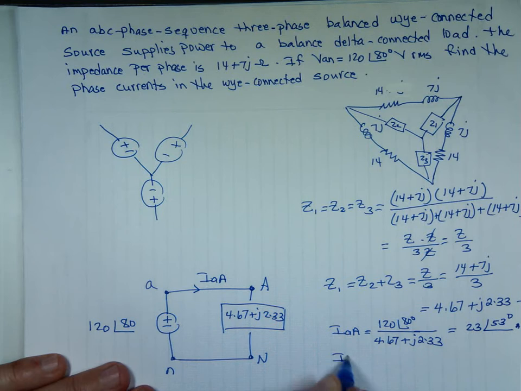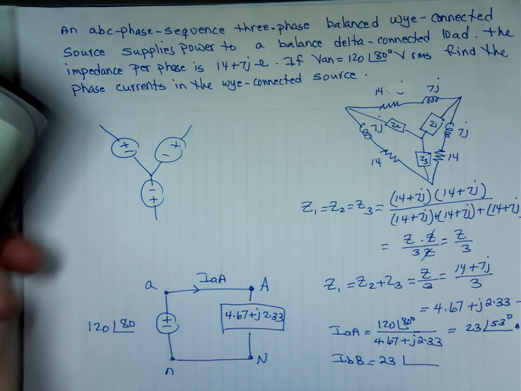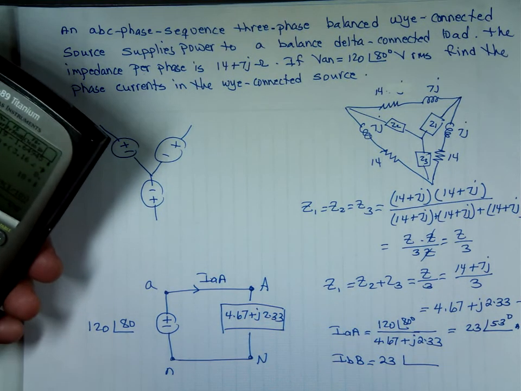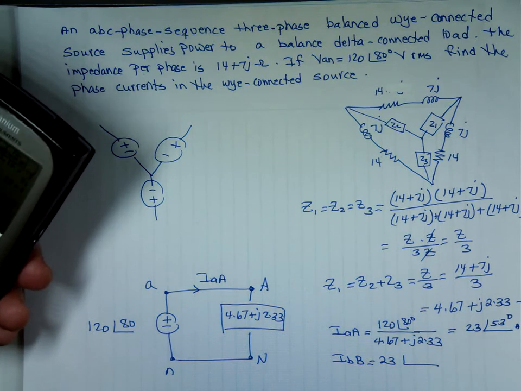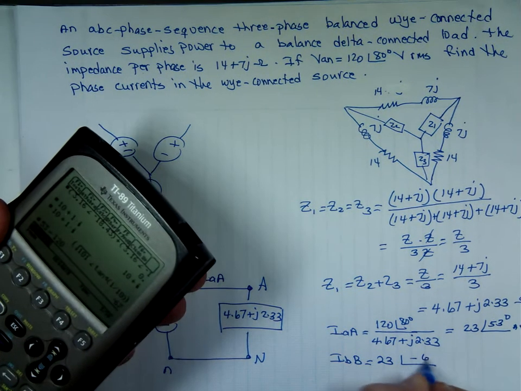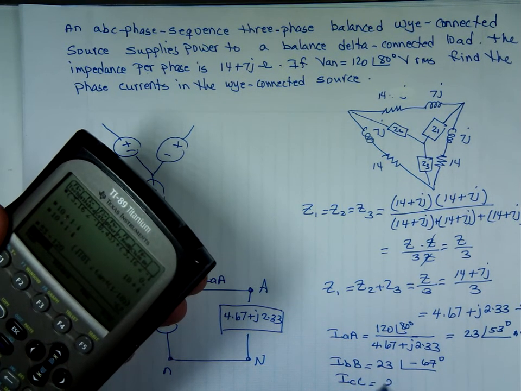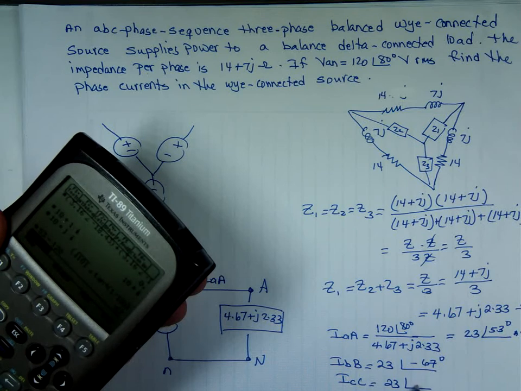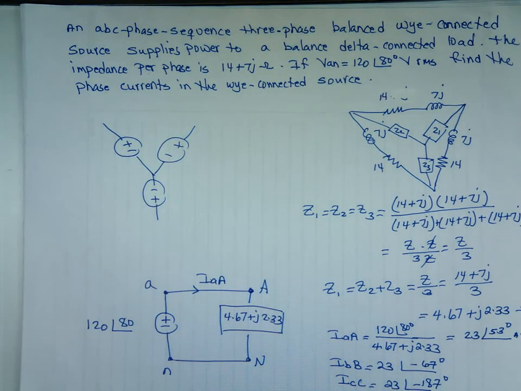And what's I sub bB? 23, this is an ABC, so 53 minus 120, what is it? Negative 67 degrees. And I sub cC is going to be 23, subtract another 120 from this, negative 187 degrees, or plus 173. And that's the end of this problem.